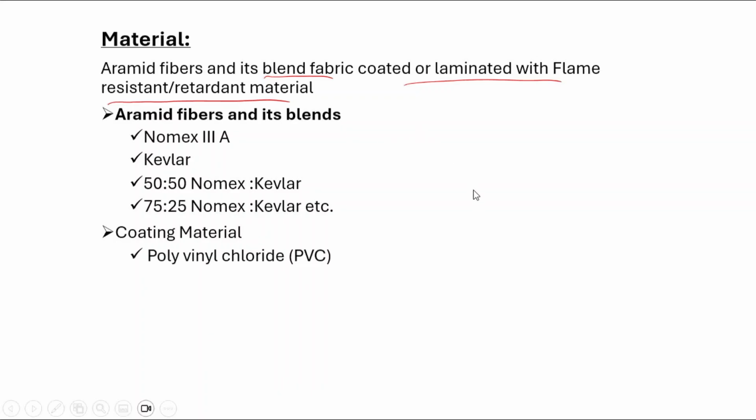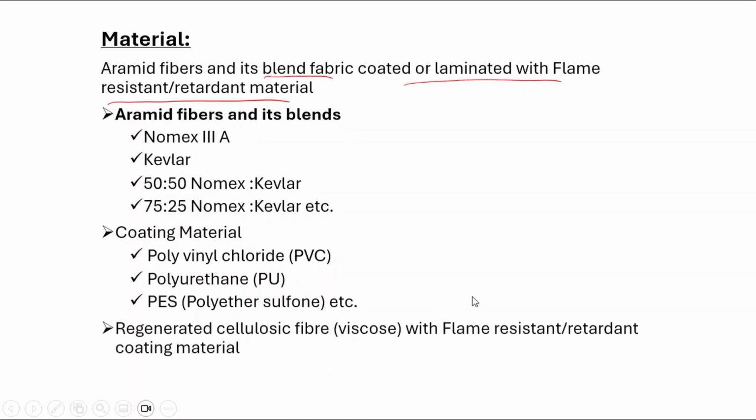Polyvinyl coating can be used, polyurethane coating, and polyester sulfone, PES, that coating can be used. And a regenerated cellulose fiber, viscose with flame retardant coating materials, can also be used here, because for this moisture barrier layer, where temperature is not that high, regenerated cellulose can be used.